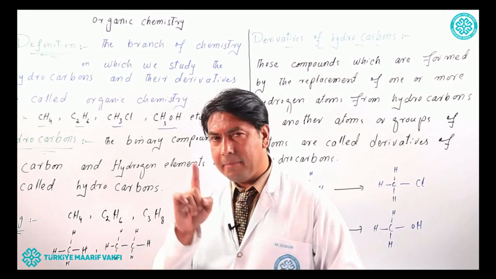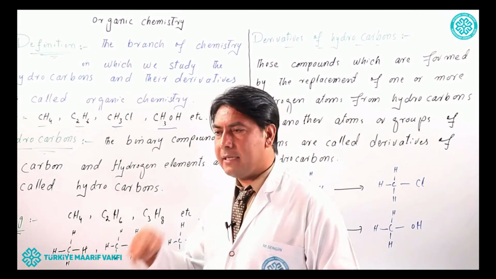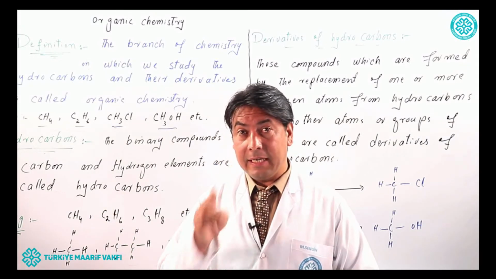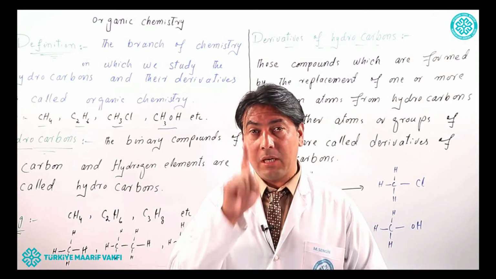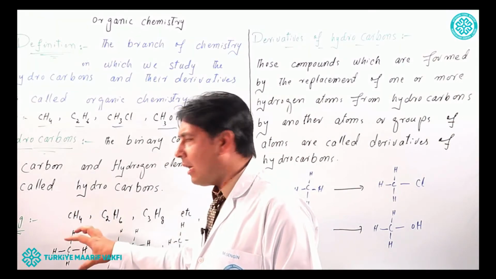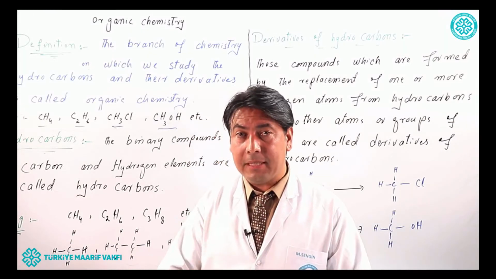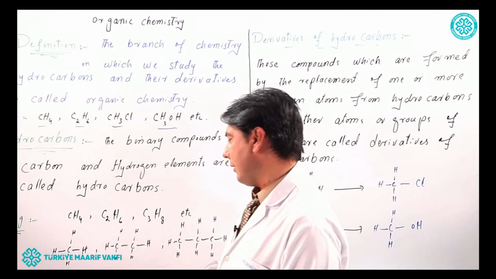So carbon can make a maximum of 4 covalent bonds, and hydrogen is an element of group 1 and it can make a maximum of 1 covalent bond. So per 1 carbon, 4 hydrogens are required to make 4 covalent bonds by carbon and 1 covalent bond by each hydrogen.